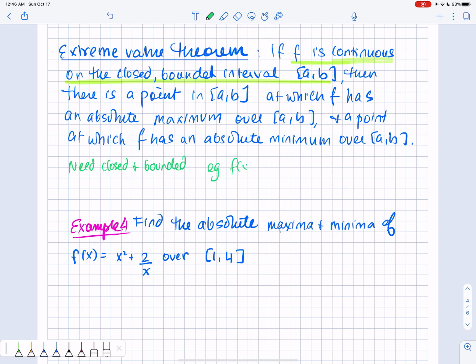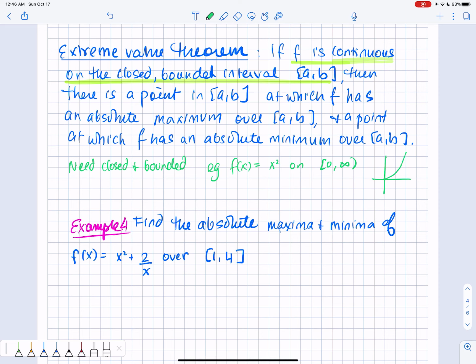Example, f of x equals x squared on the interval 0 to infinity. This is closed on one side, the other side's infinity, and this function's unbounded, right? This function's like this.